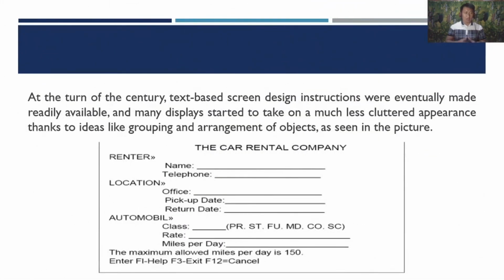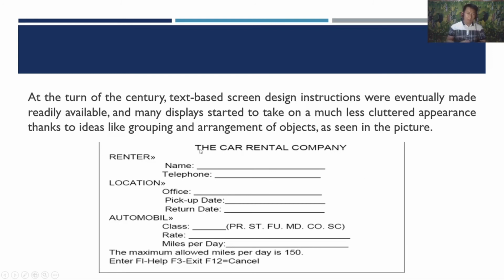Next, at the turn of the century, text-based screen design instructions were eventually made readily available, and many displays started to take on a much less cluttered appearance thanks to ideas like grouping and arrangement of objects. So here they now use groupings.